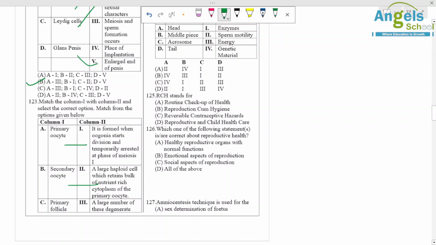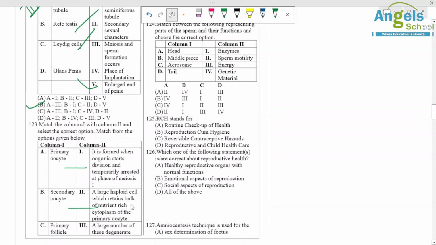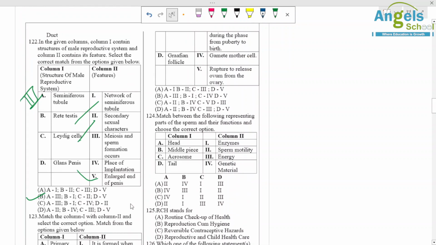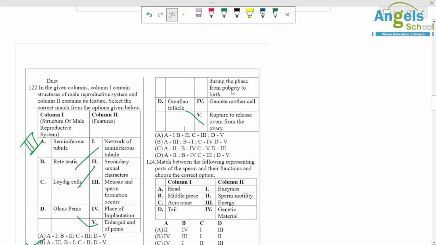Okay, तो ये भी सही है. Primary follicles, a large number of these degenerate during the phase of puberty. तो ये भी सामने ही है, सही है. And Graafian follicles rupture to release the ovum from the ovary. So A1, B2, C3 and D5. Okay, gamete mother cells की कोई मैच नहीं हो रही है. Okay, so option A is correct for this.